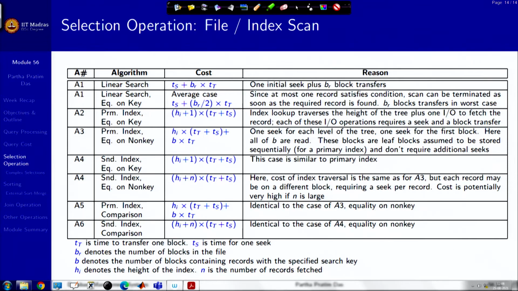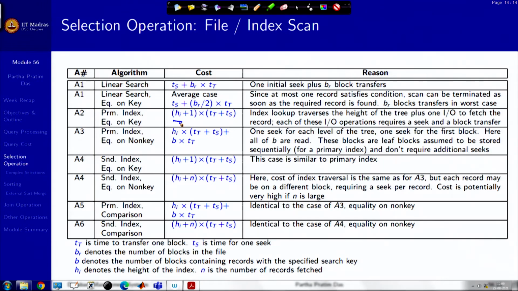Now, let us suppose that you are using a primary index on the key and you are looking for equality. If you are looking for primary index, then it necessarily depends on the height of the B plus tree at that point of time, hi. Actually, you will always have to go down to the leaf node and then do an additional operation to get the final record values.